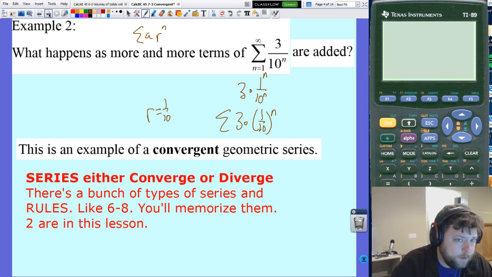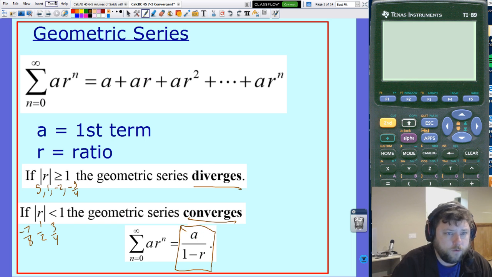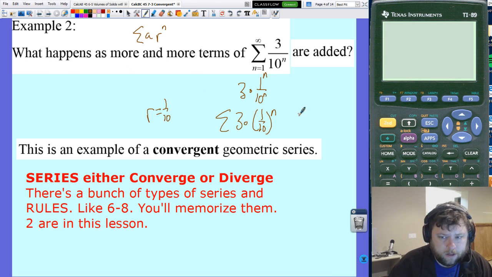What's the formula for convergence? Again, it's a over 1 minus r. So the sum is going to be a, which is 3, over 1 minus r, so 1 minus 1/10. That's 10/10 minus 1/10, which is 9/10. So 3 over 9/10.